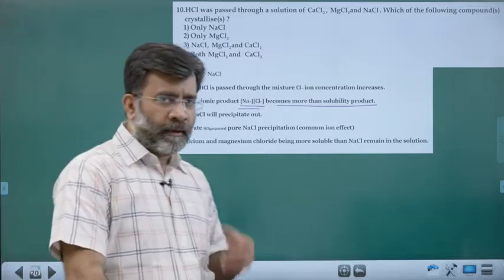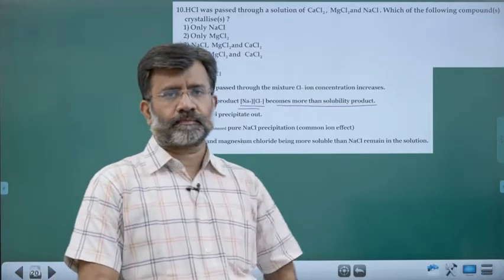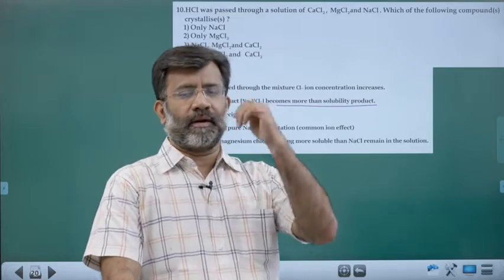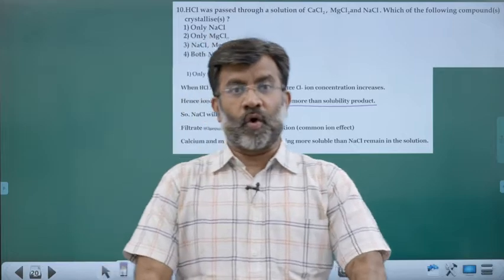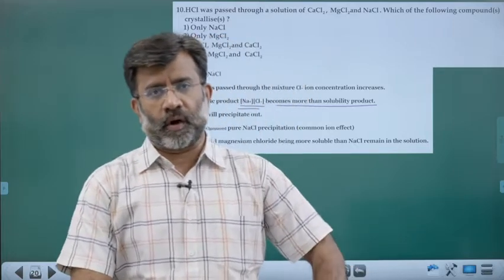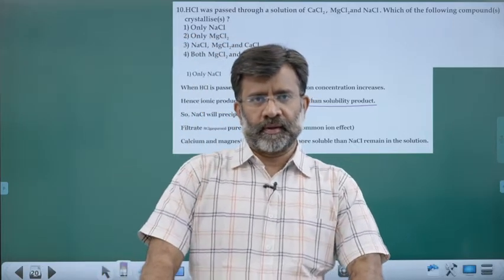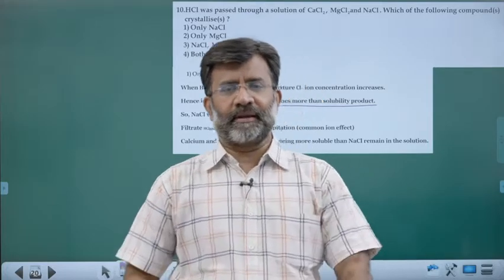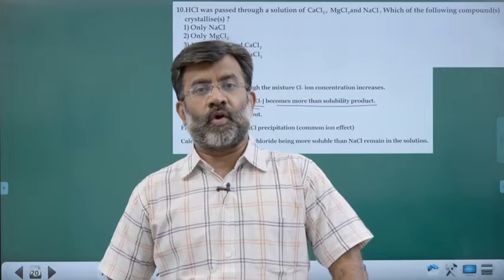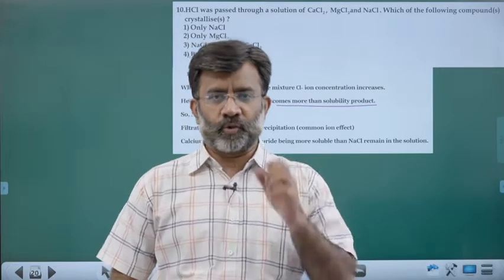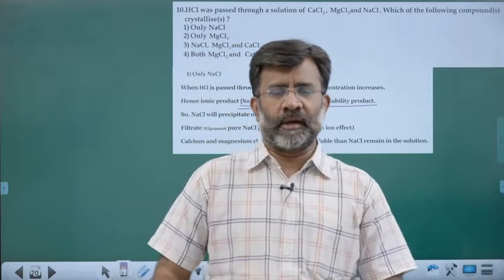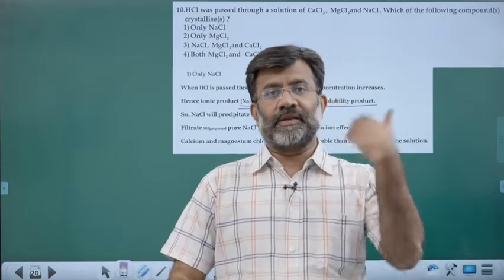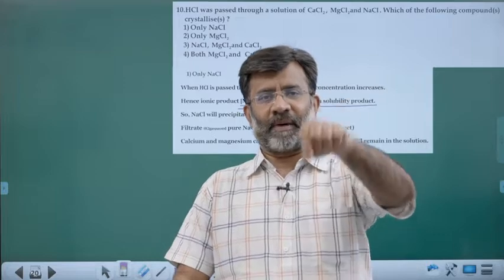What is the concept involved that you are learning in the chapter on equilibrium? Common ion effect. We utilize this context in the purification and refining of common salt. A saturated solution of common salt dissolved in water, after several stages of purification, is crystallized by passing HCl.